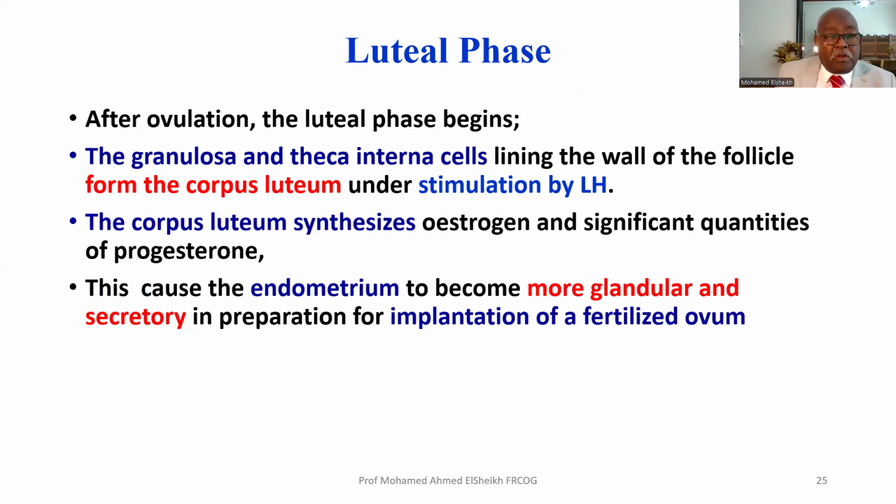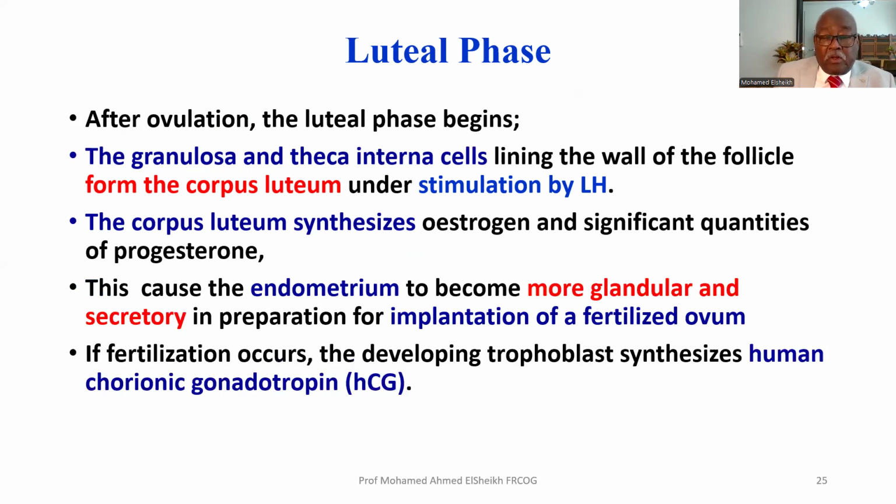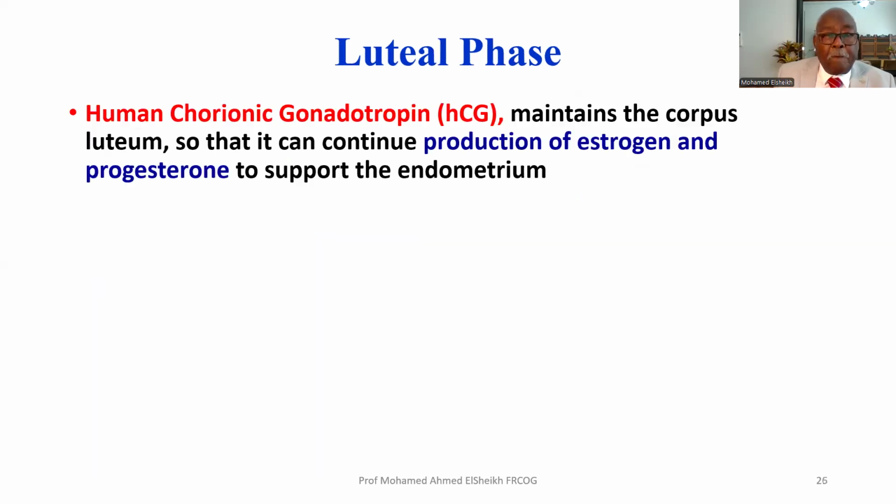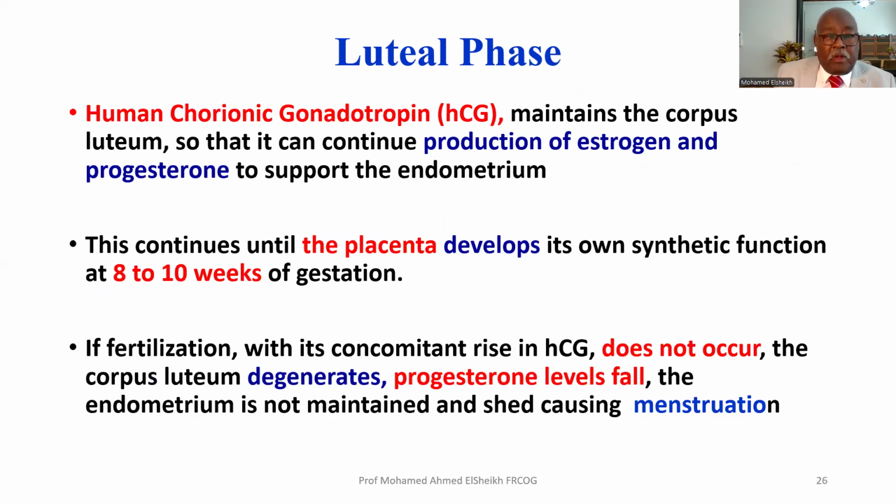This causes the endometrium to become more glandular and secretory in preparation for implantation of the fertilized ovum. If fertilization occurs, the developing trophoblast synthesizes HCG, human chorionic gonadotrophin. In the luteal phase again, the human chorionic gonadotrophin maintains the corpus luteum so that it can continue production of estrogen and progesterone to support the endometrium.